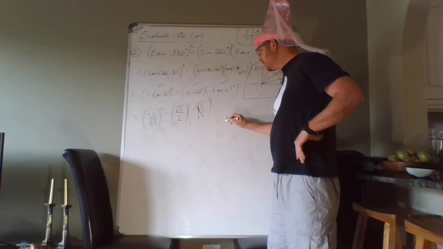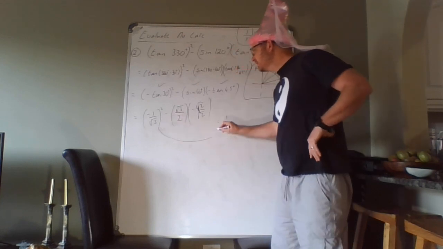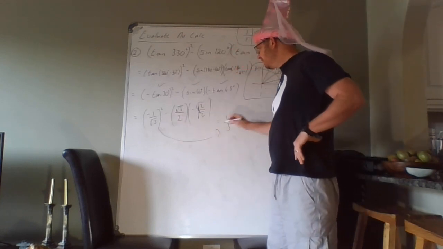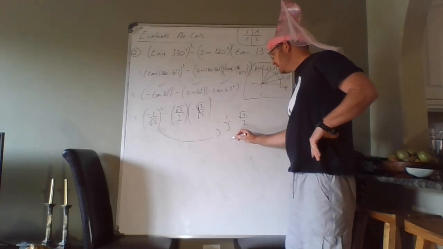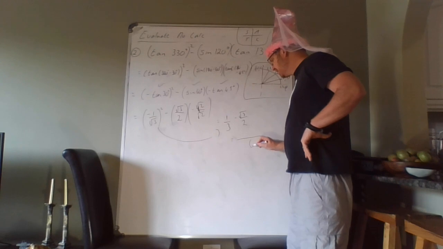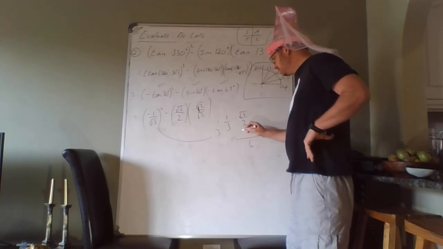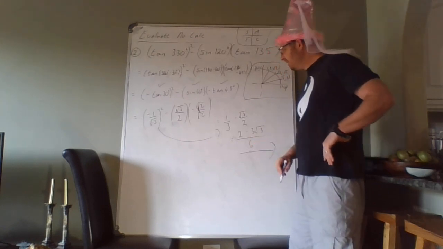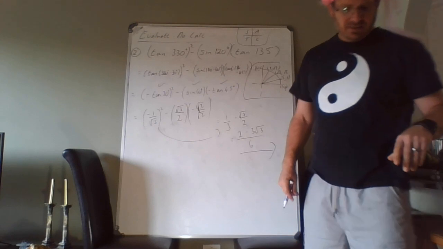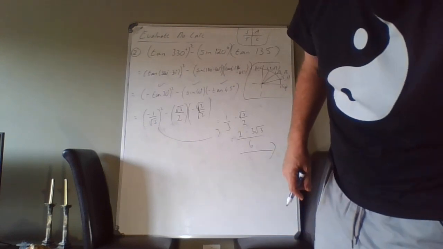So I end up with 1 over 3 when I square that out, and this will be minus root 3 over 2, because that's just 1, and if we get it all over 6, times that by 2, so it'll be 2 times that by 3. Okay, and that is that, ladies and gents.